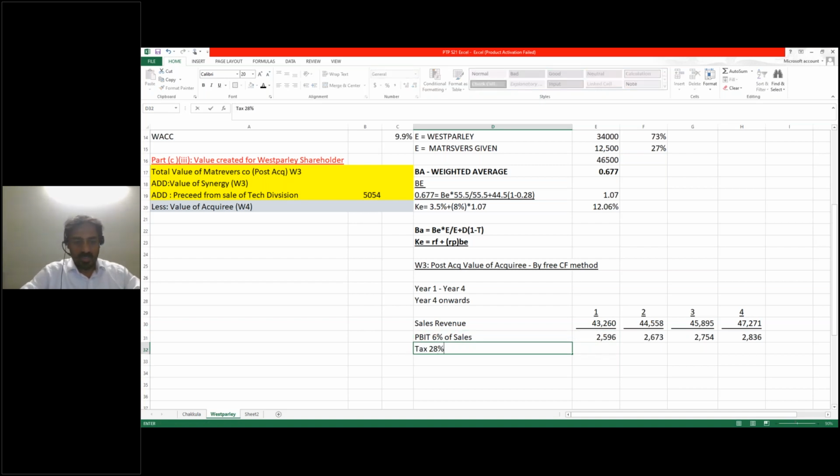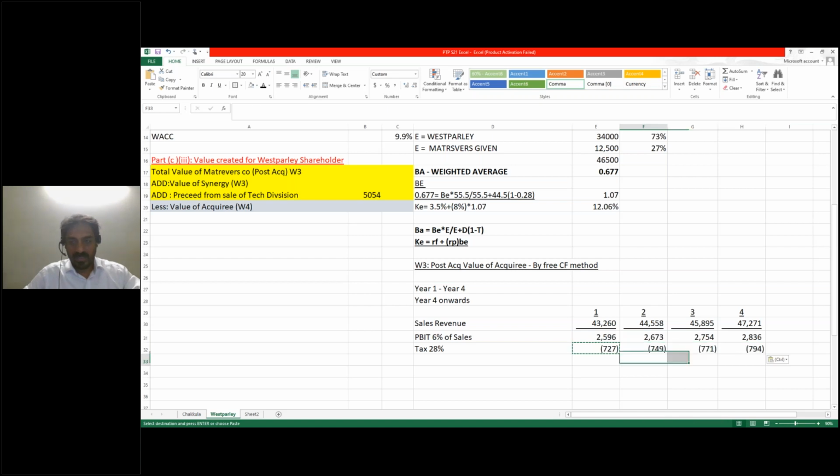Tax 28% is equal to minus E31 into 0.28. Control C, Control V. Is equal to sum.